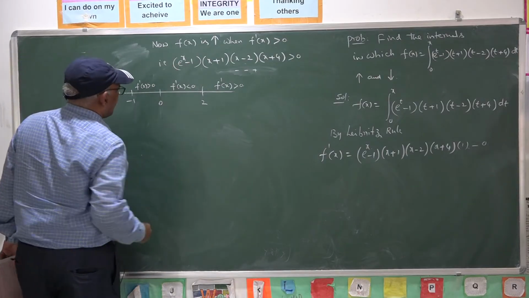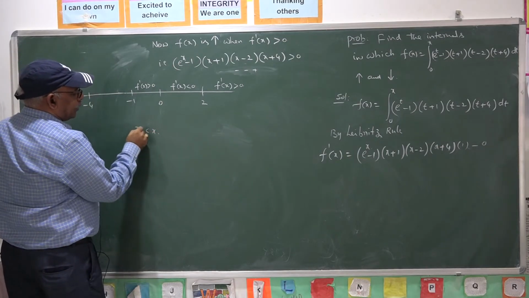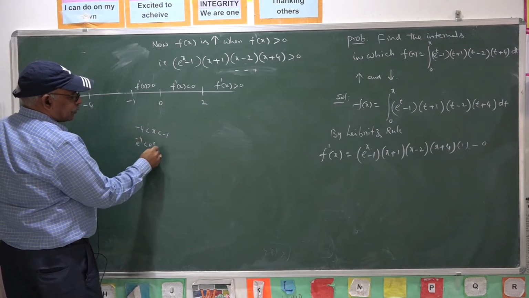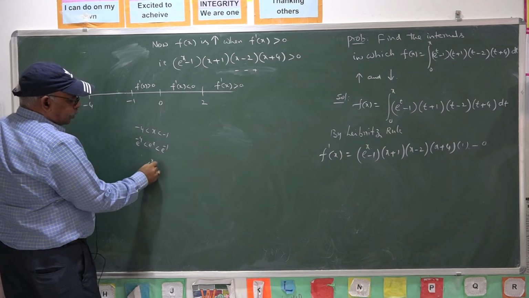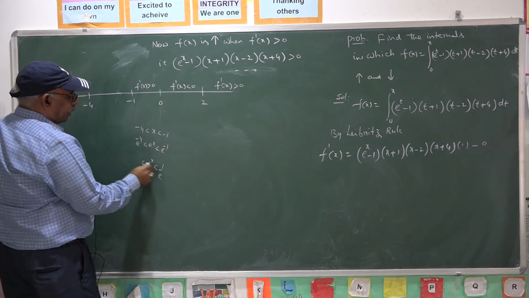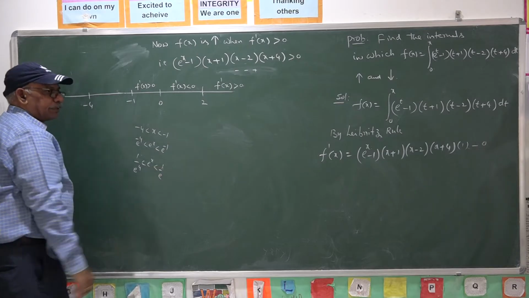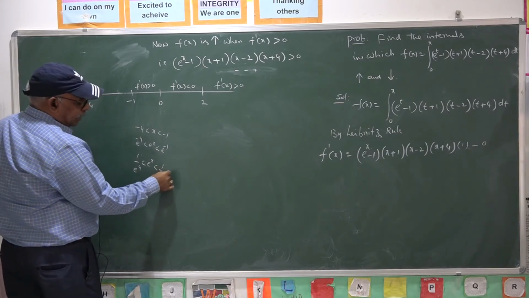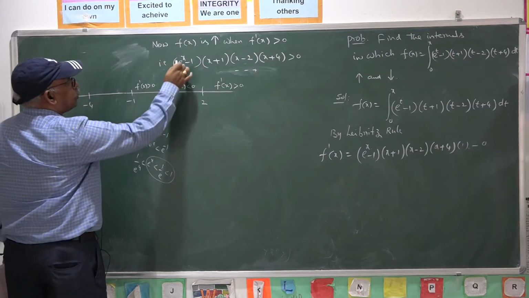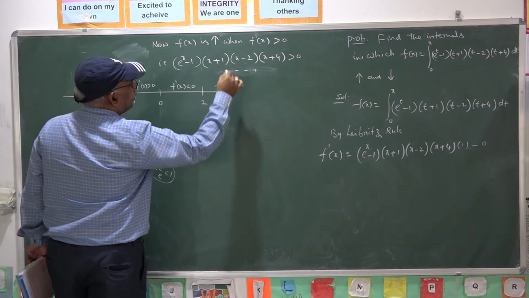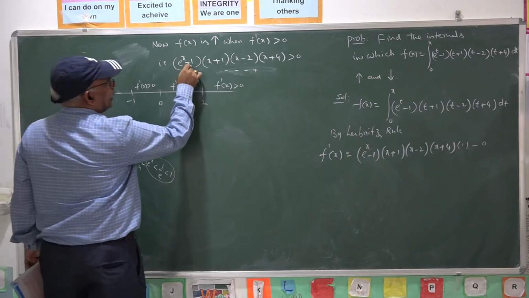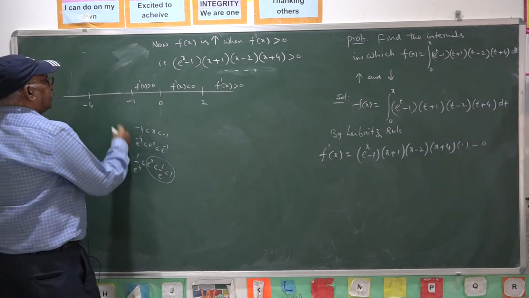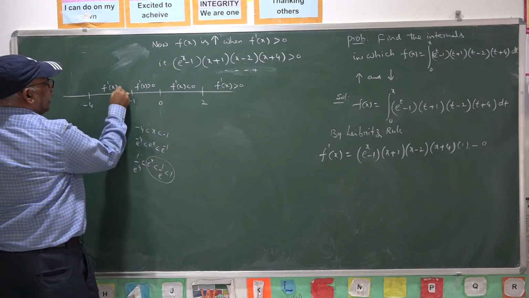And coming to this one, e power x lies between e power -4 and e power -1, so e power x lies between 1 by e power 4 and 1 by e. 1 by e is positive but less than 1. Hence e power x minus 1 is negative. So negative into negative into negative into positive. So totally negative. In this case f dash x is negative.